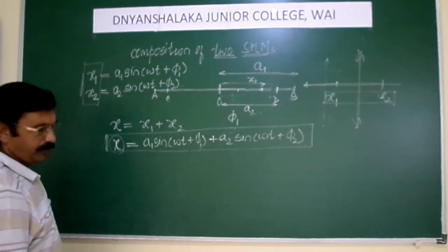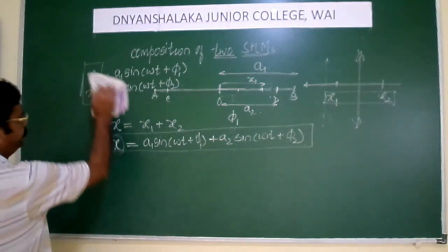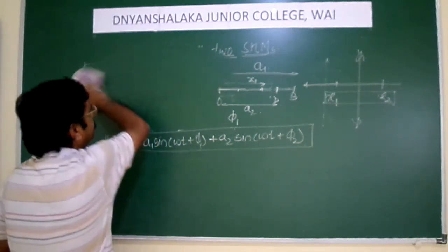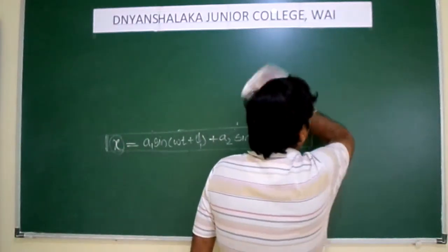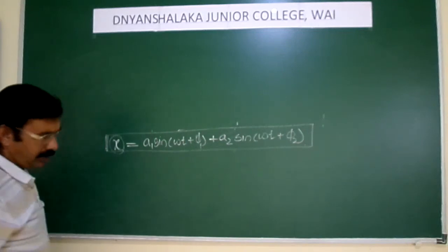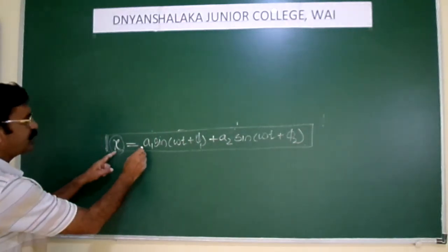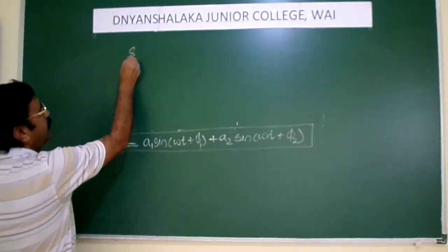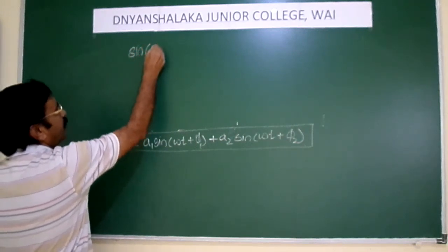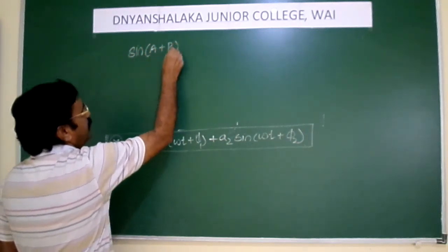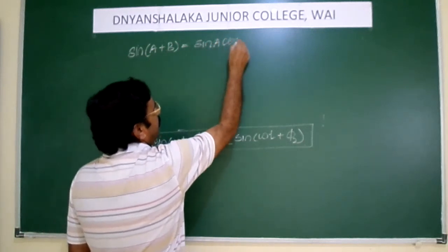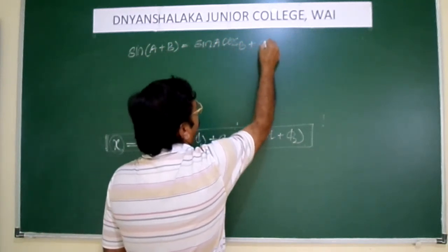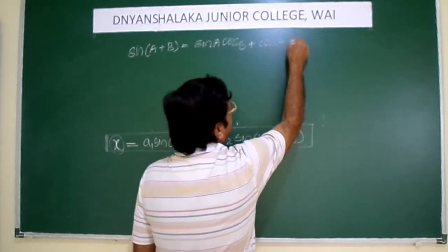Yes. So, in order to solve this particular expression, we will be using the formula sine of a plus b, that is sine of a cos of b plus cos of a sine of b.